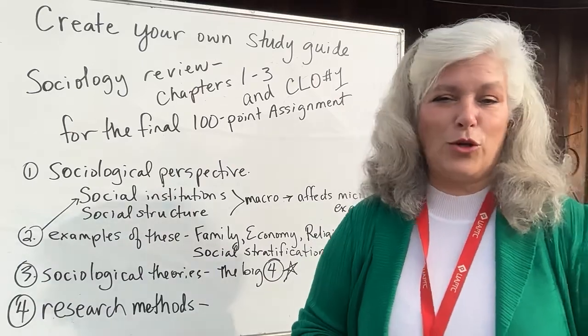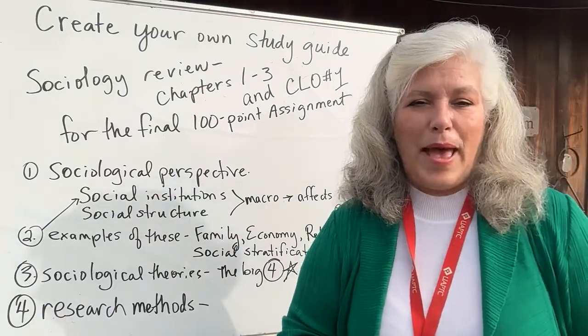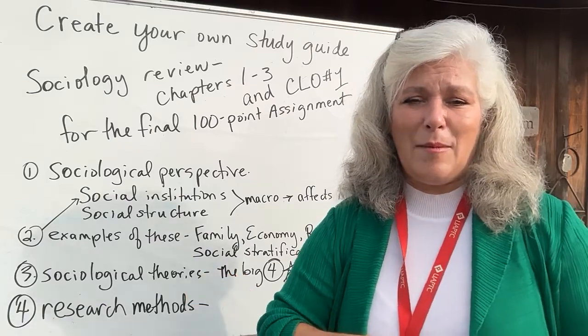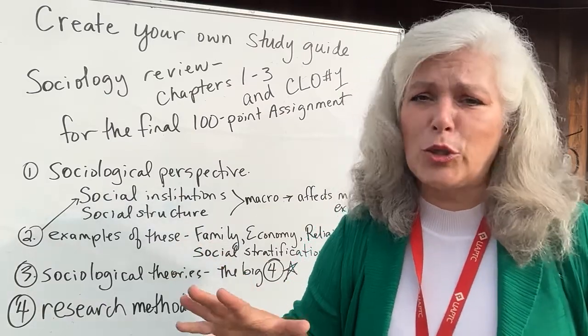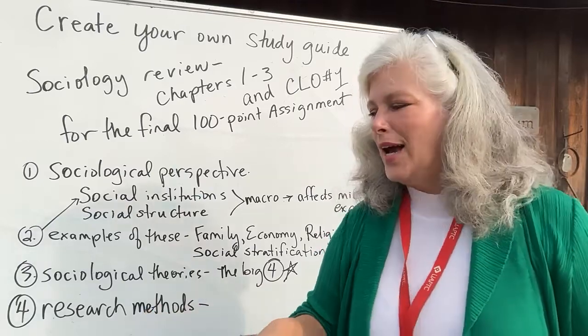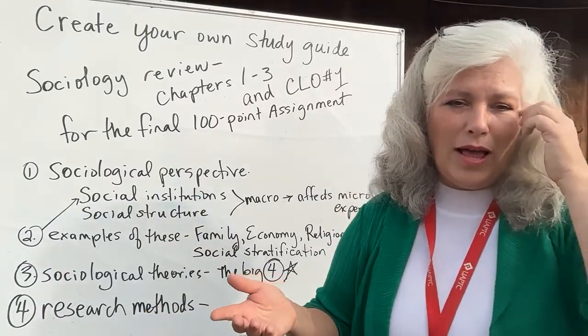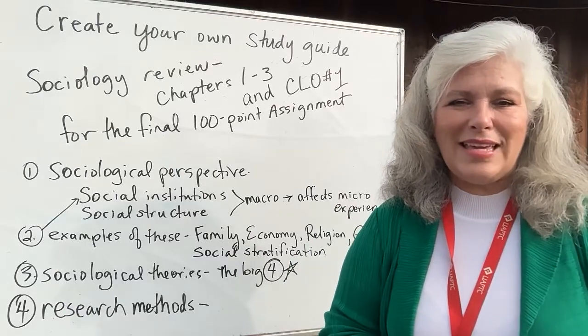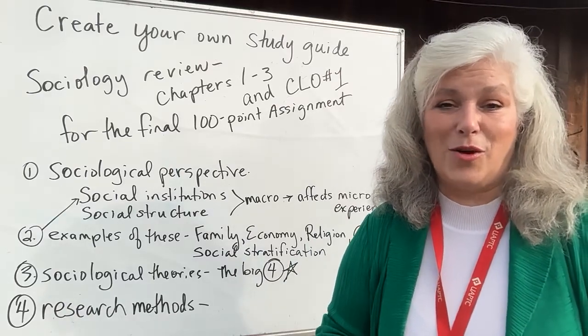Like your social media platform might not exactly show what real life actually looks like, right? And so you have to be careful and choose ethically what your research method is going to be.